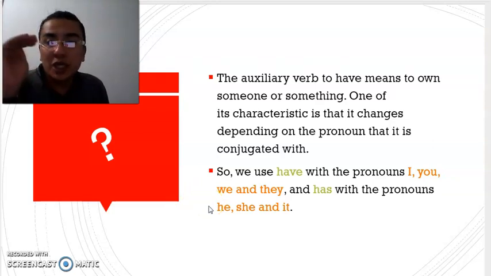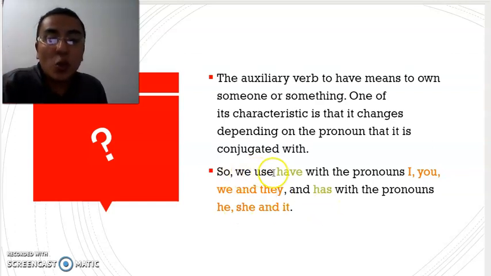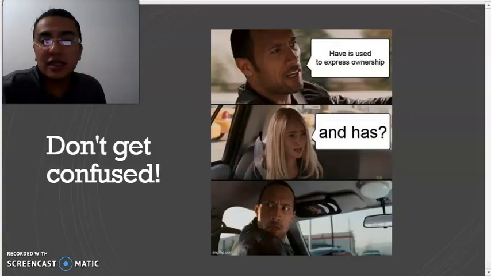So the verb actually changes in the affirmative form for all of the pronouns. So it says, we use the verb have with the pronouns I, you, we, and they. And we have to change it for has with the pronouns he, she, and it. Alright? Let's take a look at it.